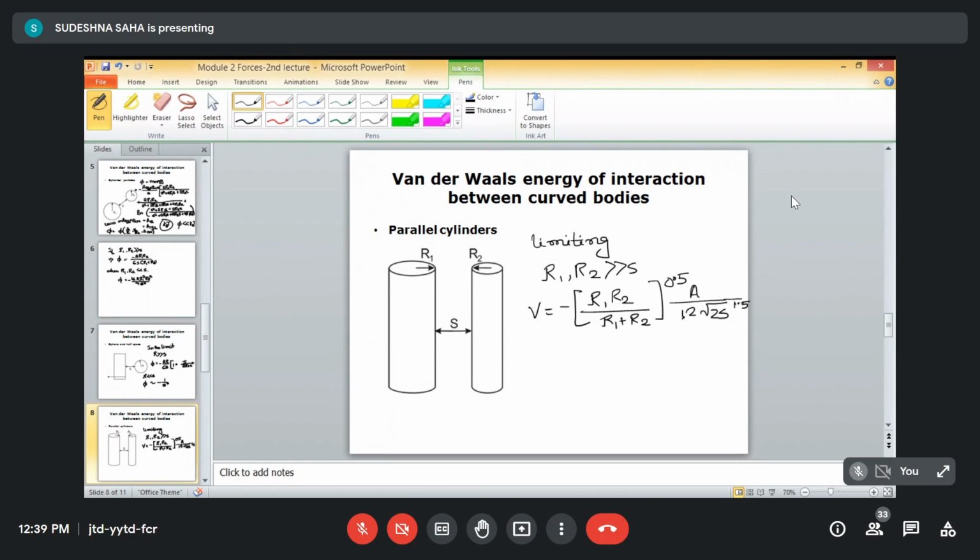Okay, and this V is nothing but the interaction energy per unit length of the cylinder.